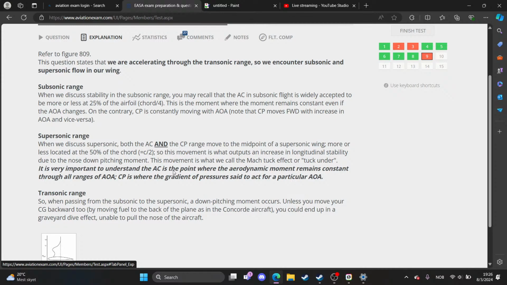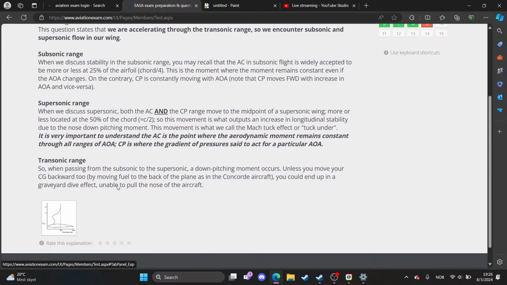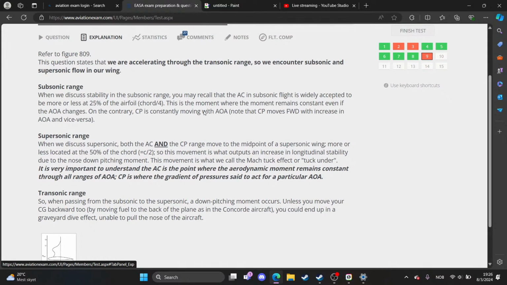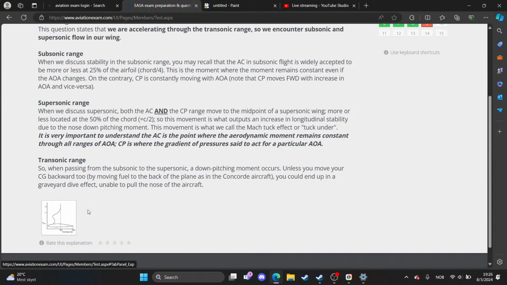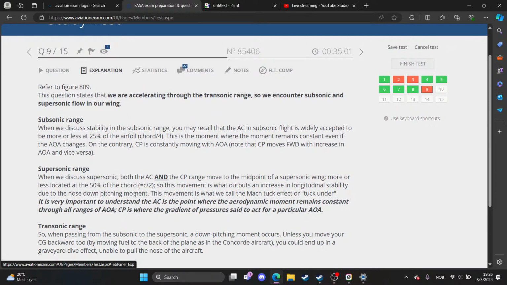It's very important to understand that at this point the aerodynamic moment remains constant. When passing through subsonic and supersonic, a down pitching moment occurs, unless you move your CG backward. You could end up in a graveyard dive effect.